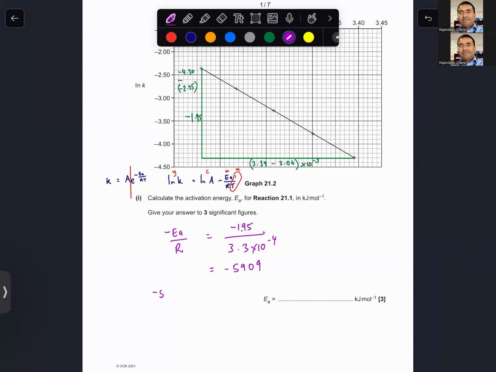We then take 5909 and multiply it by the R value, which is 8.314. R value is the same R value that you came across in PV equals nRT. And because we're trying to get rid of that negative, let's multiply it by the minus.